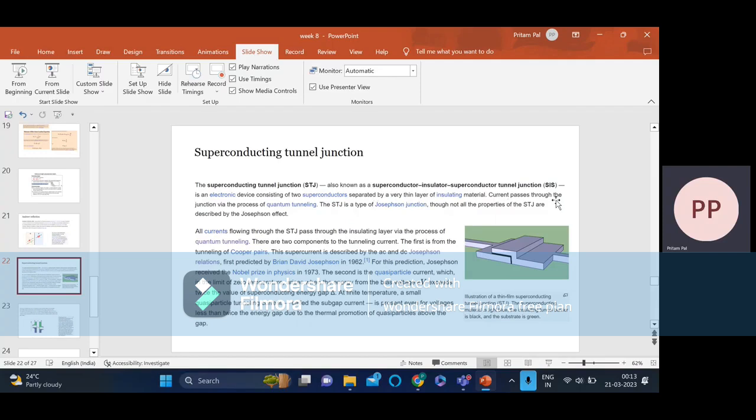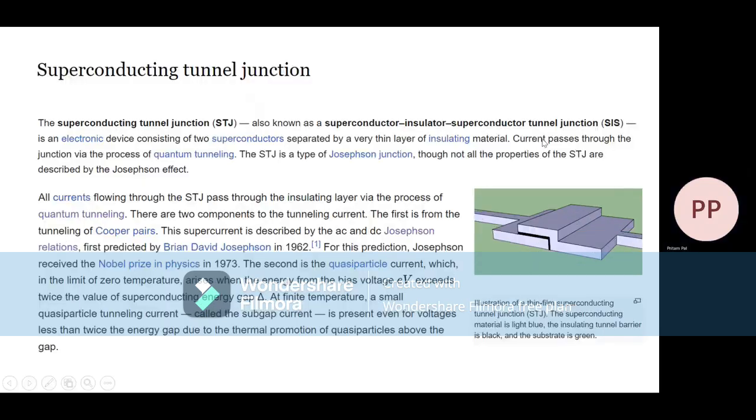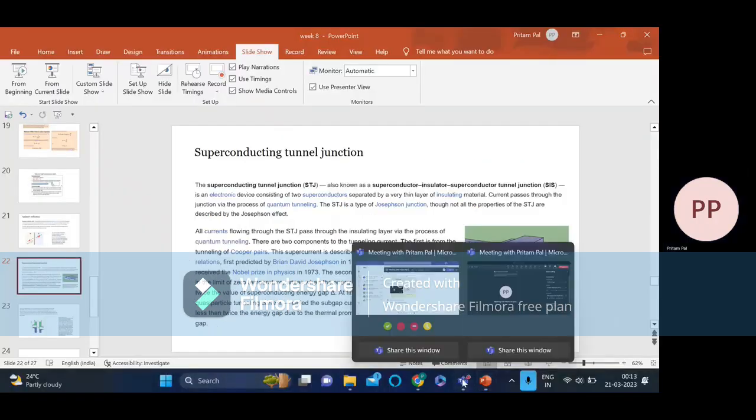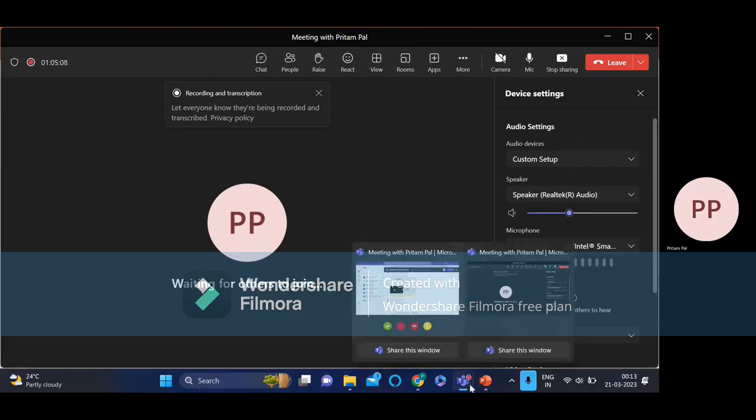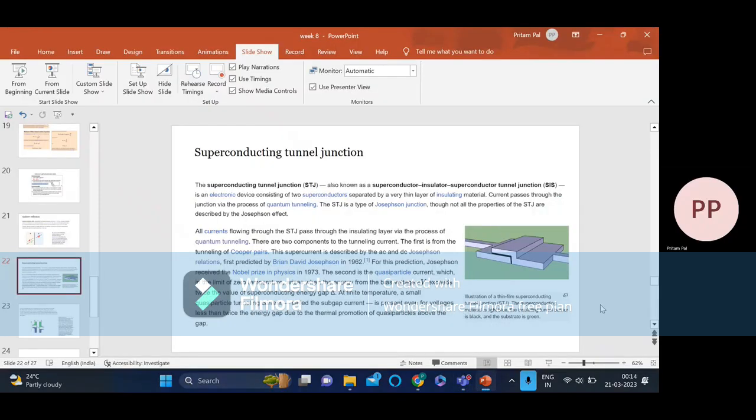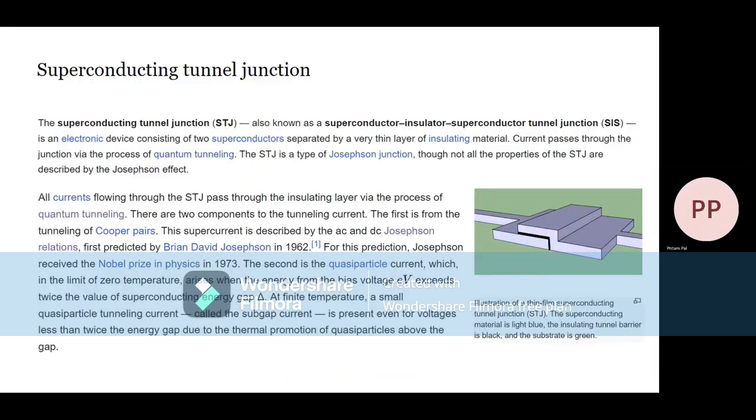Current passes through the junction via the process of quantum tunneling. I hope you are aware of quantum tunneling.